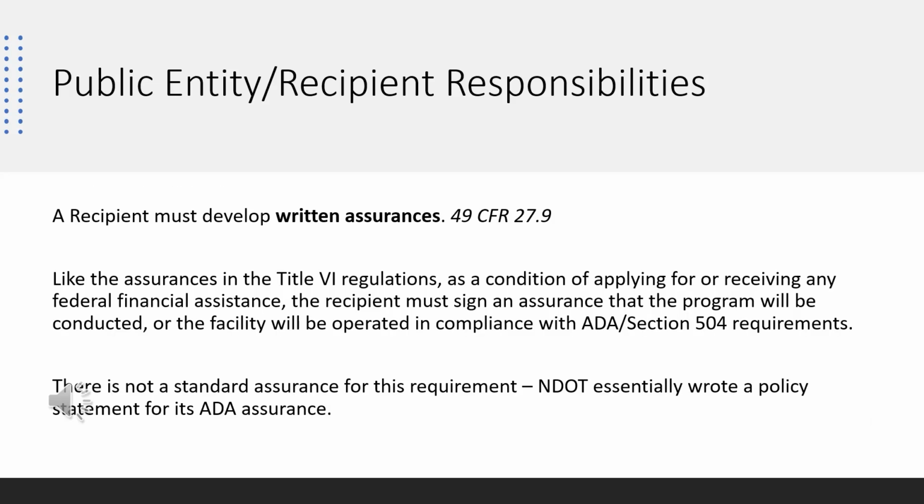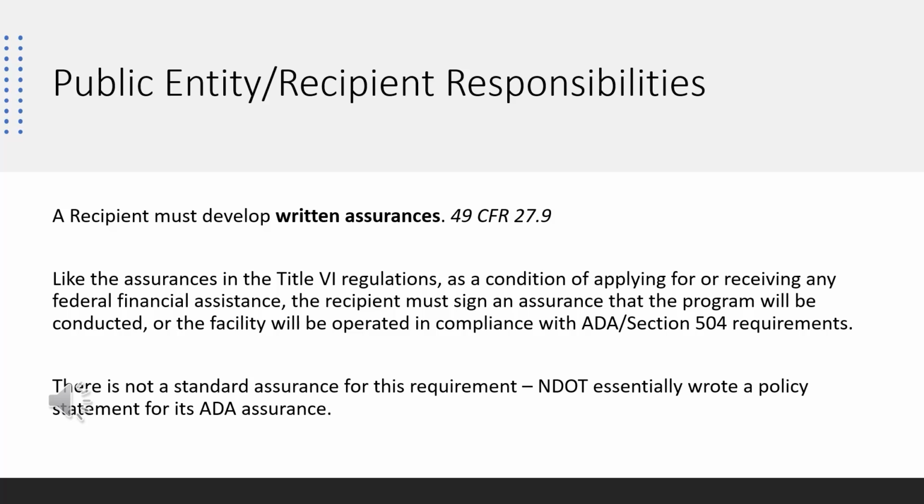A recipient must develop written assurances. Just like the assurances in the Title VI regulations, as a condition of applying for or receiving any federal financial assistance, a recipient must sign an assurance that the program will be conducted or that the facility will be operated in compliance with ADA or Section 504 requirements.